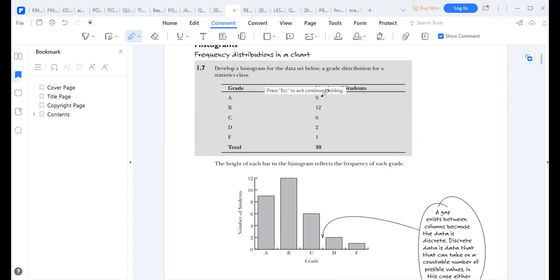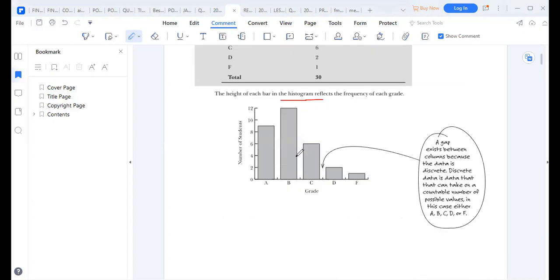So 9 got an A, 12 got a B. Even if we know that a histogram is supposed to be continuous, you need to know that this information here represents discrete data. You cannot have an A and a B at the same time. They don't touch. They're distinctive. So this is a histogram, quite all right.